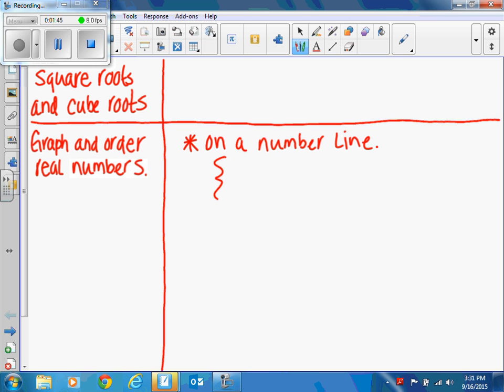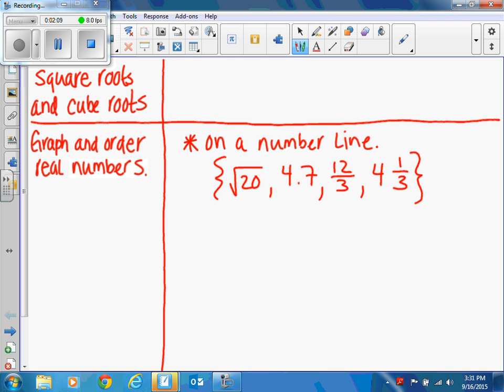Again, if yours turns out to be just a wiggly line, we'll work on that. You'll have plenty of chances during the year. For this set of numbers, we're going to have the square root of 20, 4.7, 12 over 3, and 4 and 1/3. And then again, we're going to close our braces.